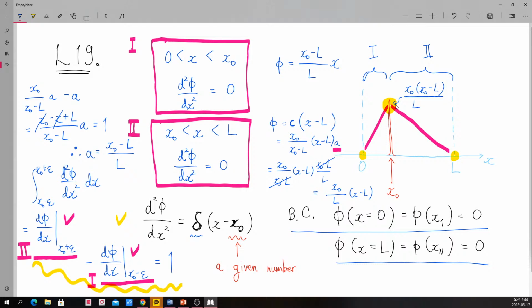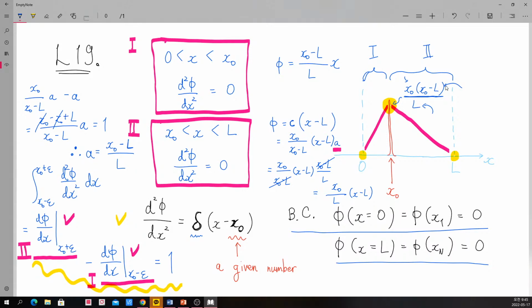Of course, I wanted to say that since x naught is larger than 0 and smaller than L, when we evaluate this function value, it becomes negative. You know, this is a positive number, and this guy becomes a negative number. Overall, it has a negative number.